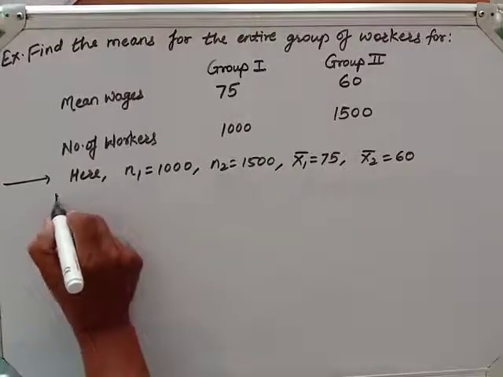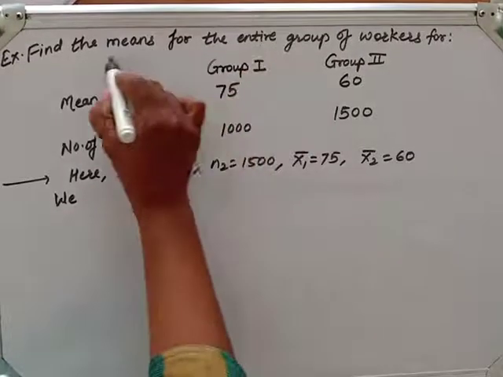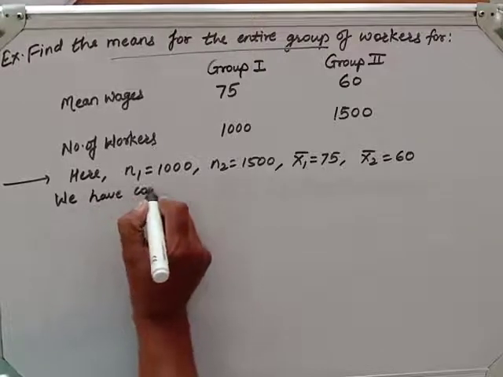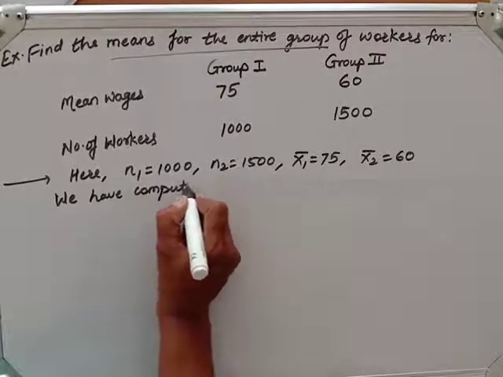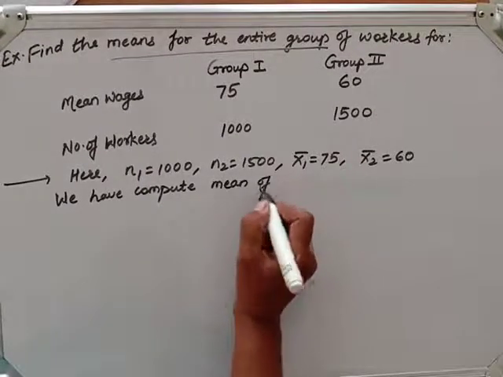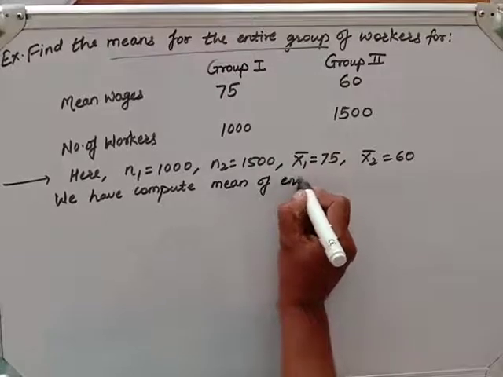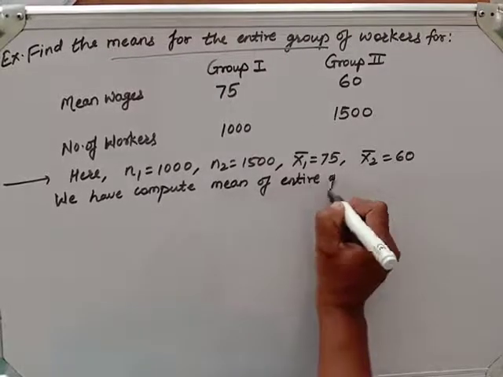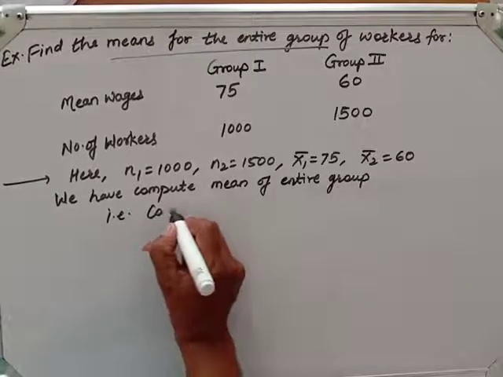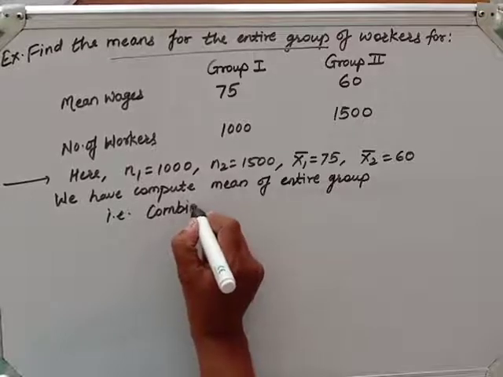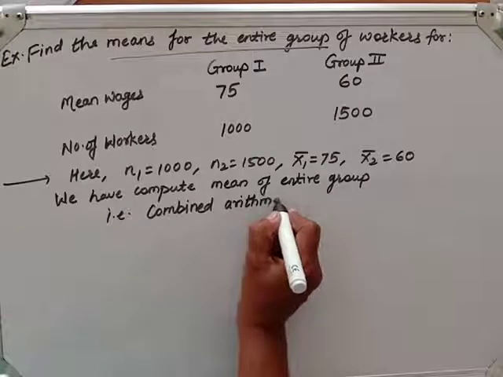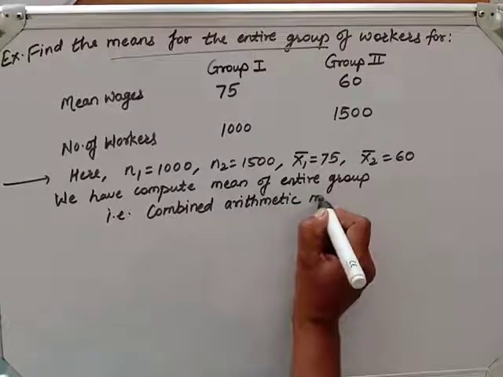Therefore, here we have to compute the mean of the entire group. That is the combined arithmetic mean.